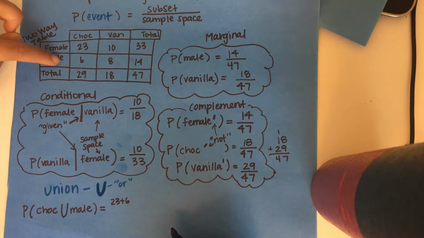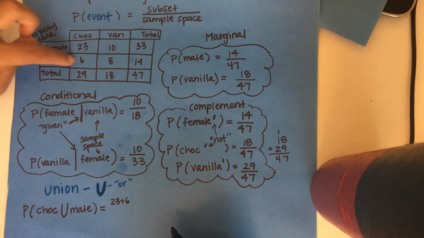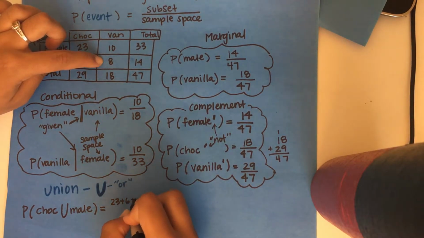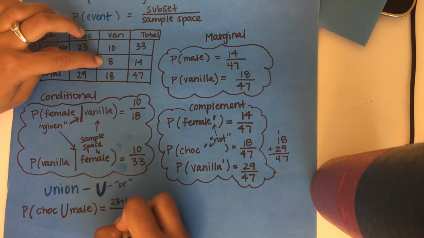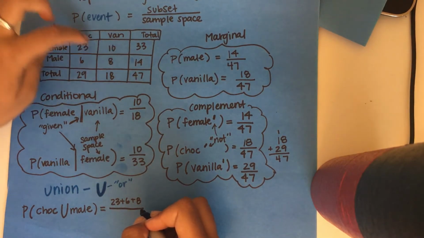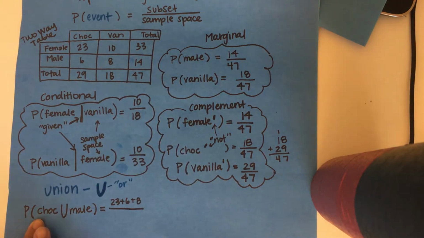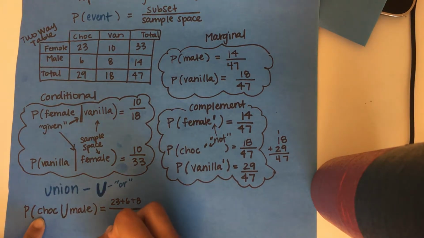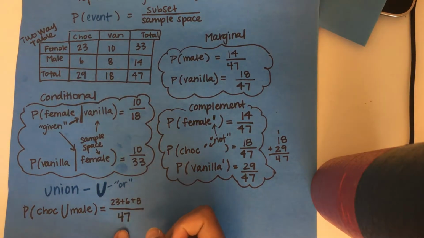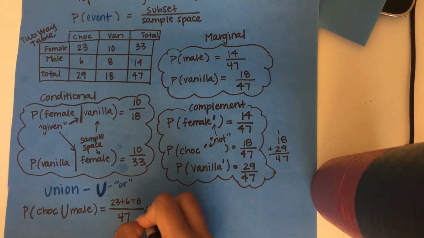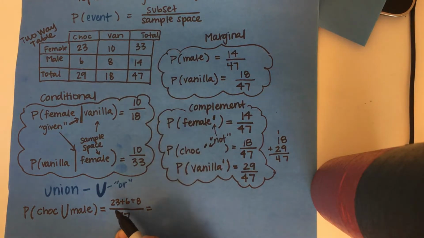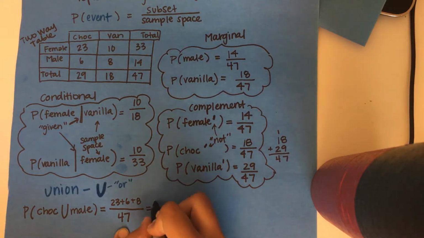Let's look out of all the males. Well, we've already counted that 6. And we know that there are 8 other males in this survey. Doesn't matter if they like vanilla or chocolate. We're just looking for the condition that they are chocolate or male. So out of the total number of people that were surveyed, 47, we know that 23 plus 6 is 29. 29 plus 8 is 37.